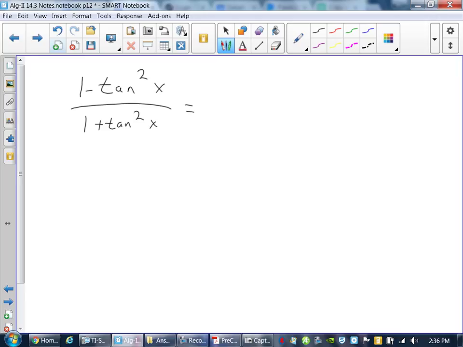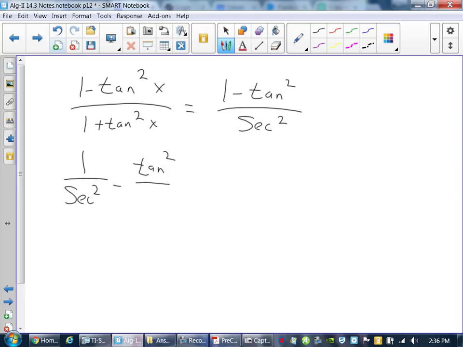Okay, easiest thing to do here is rewrite the denominator. What's 1 plus tangent squared? And now you have a singular part in the denominator, so split your fraction. You okay with me so far?